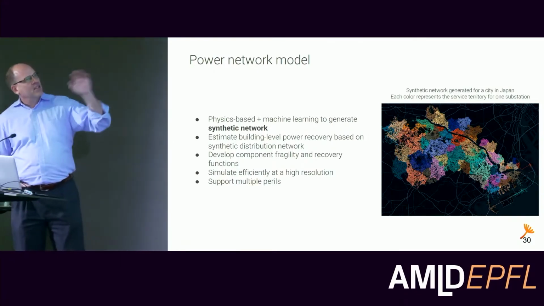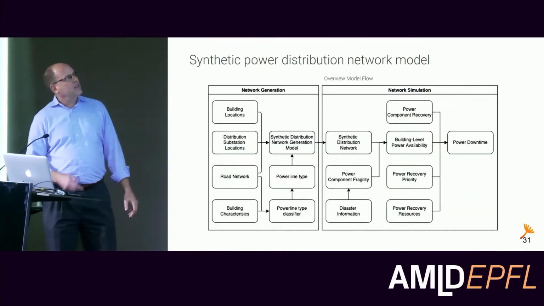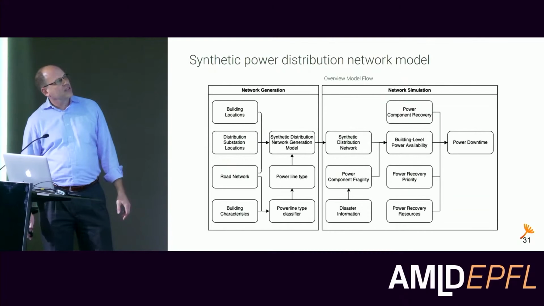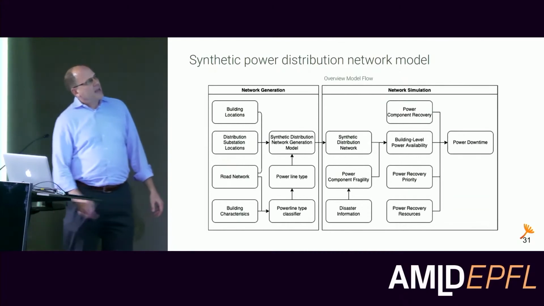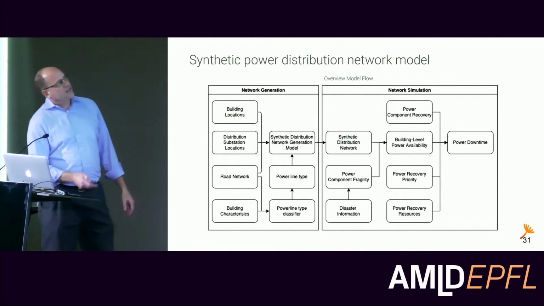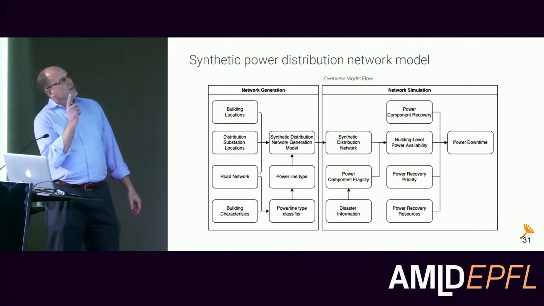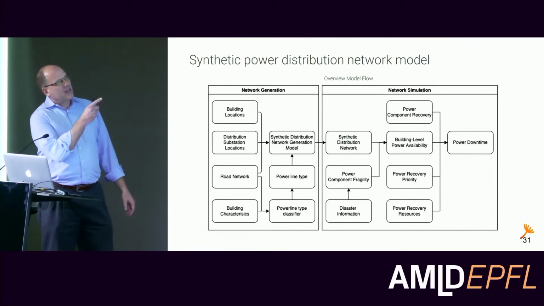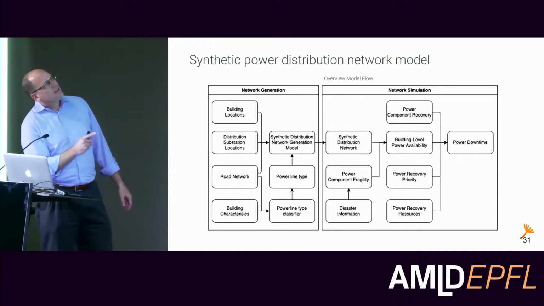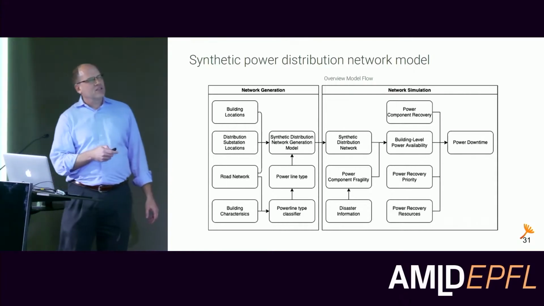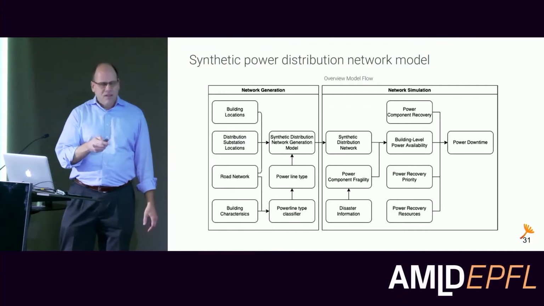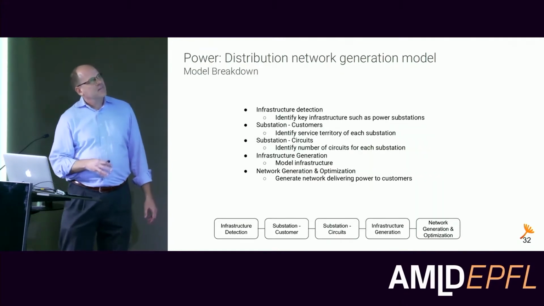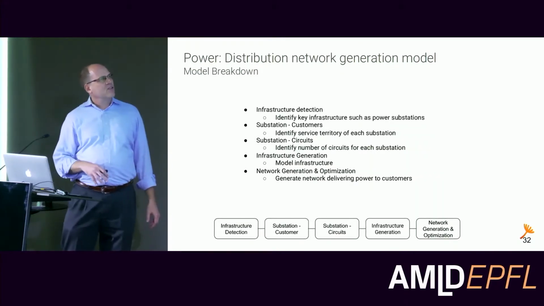And then we're going to generate the data down at the individual substation point. And just getting back quickly to this graph to remind us, we're going to look at the substation locations, but we're also going to look at the power line types. And I guess I don't have it on this graph, but we're going to look at the circuits as well. So we're going to try to understand all of those pieces in this context.